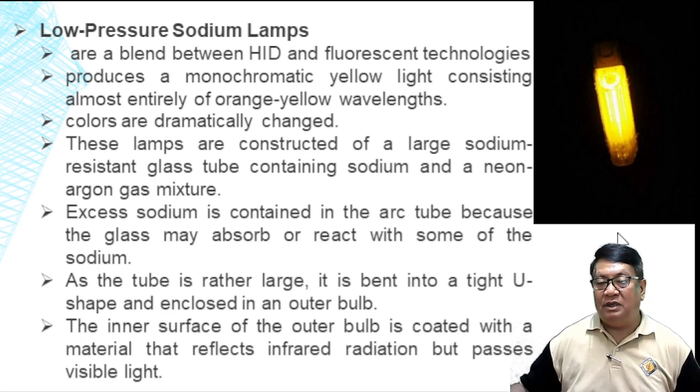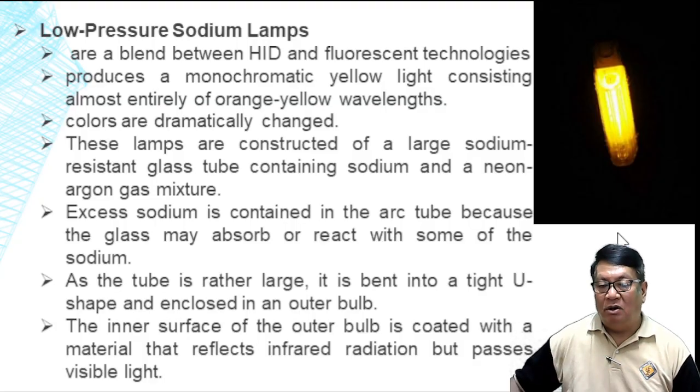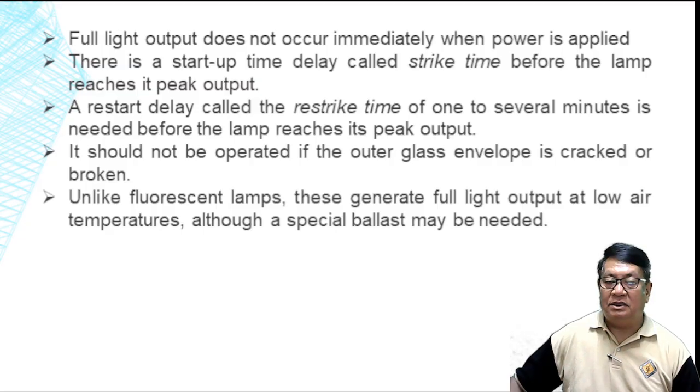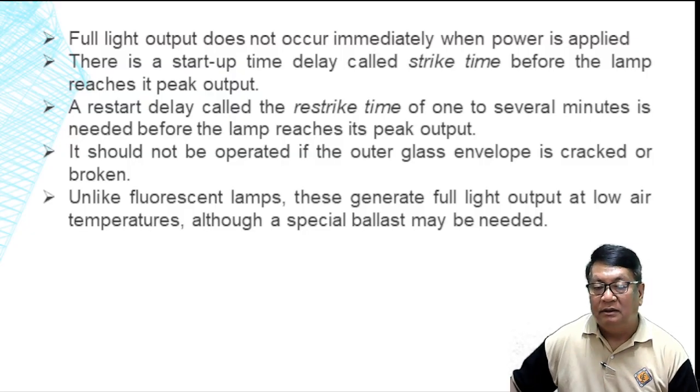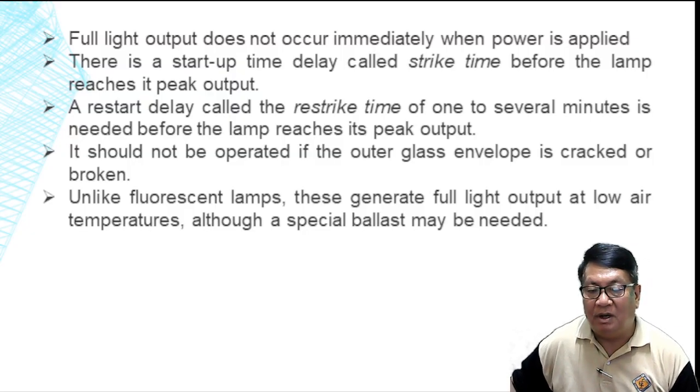As you can see, the lamp has only one color, which is what monochromatic means. Excess sodium is contained in the arc tube because the glass may absorb or react with some of the sodium particles. Full light output does not occur immediately when power is applied.